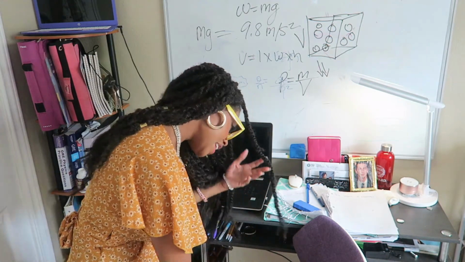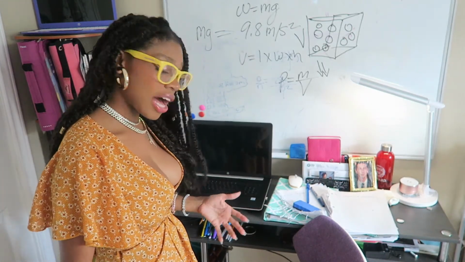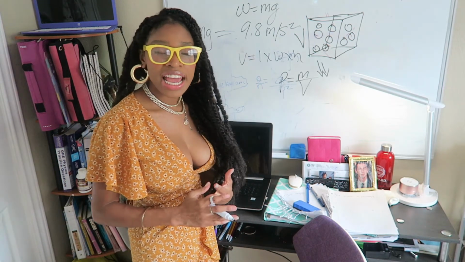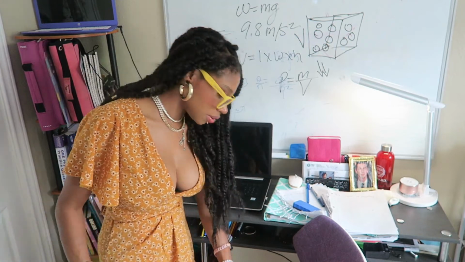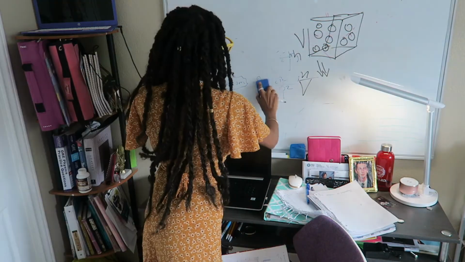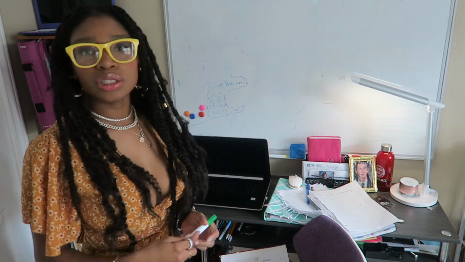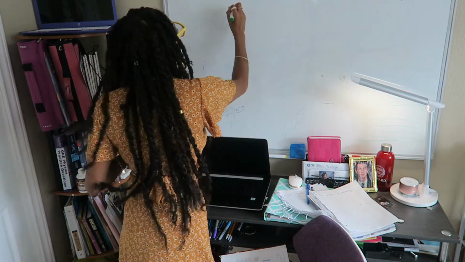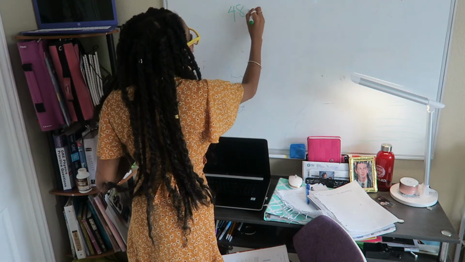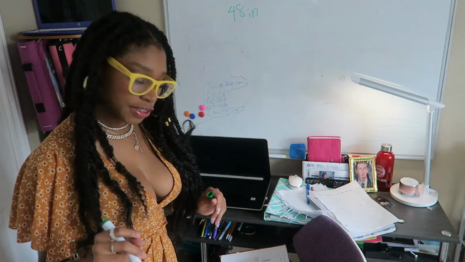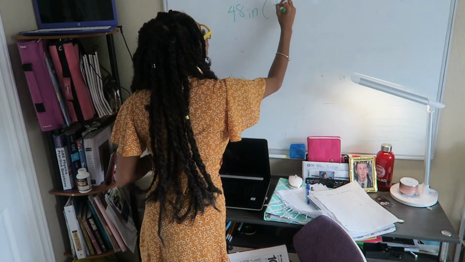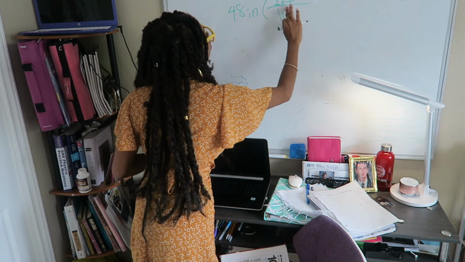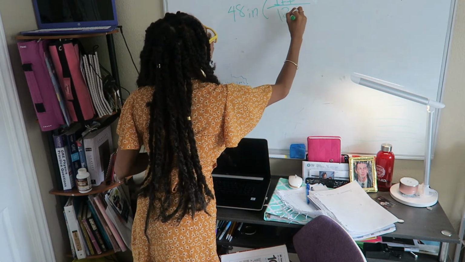I forgot. Then it goes on to tell you how to do a conversion, and I'll do one little conversion for you, and then we should wrap it up. This is going to be a simple conversion. You have 48 inches times 1 foot over 12 inches.